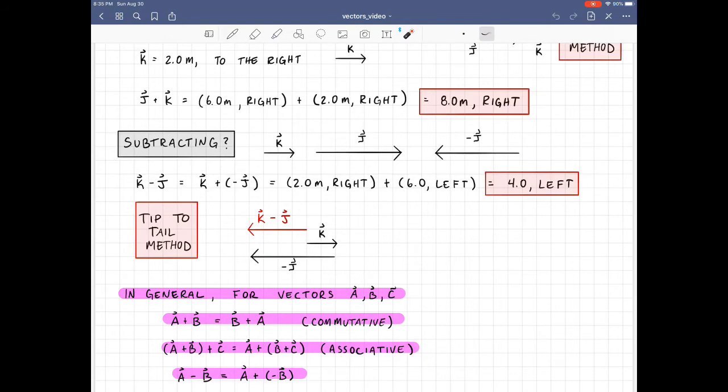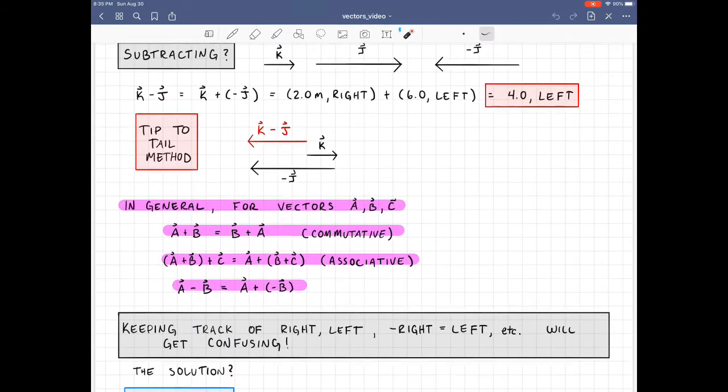If I look at the algebra, k is 2 meters to the right, plus minus j is 6 meters to the left. So the resulting vector k minus j is 4 meters to the left. And that is consistent with what I got graphically.